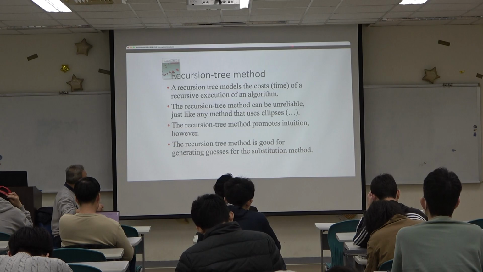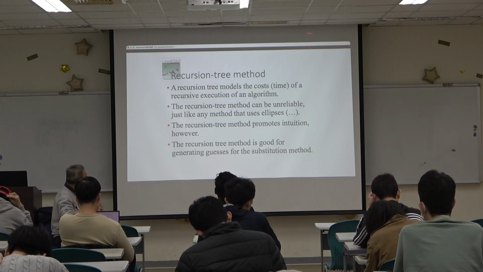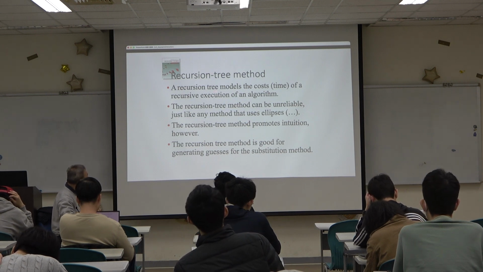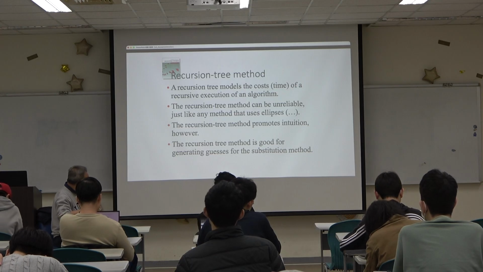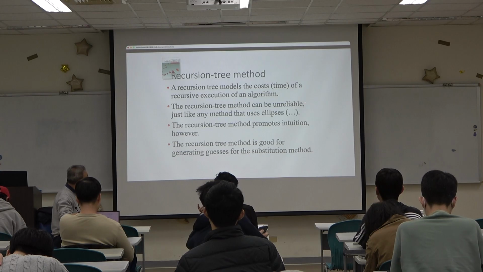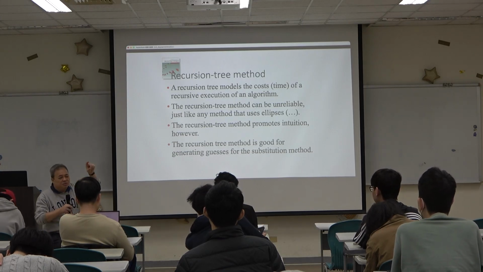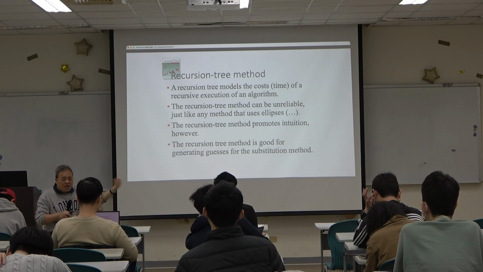So the recursion tree method can be unreliable, just like any method that uses ellipses, because you can never use da da da da da for a proof. Okay, why is the substitution method more powerful?